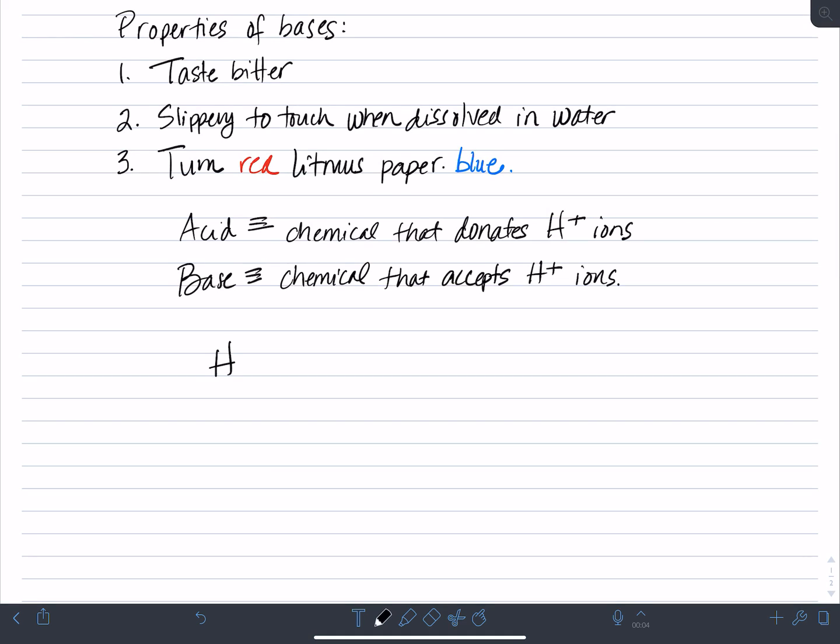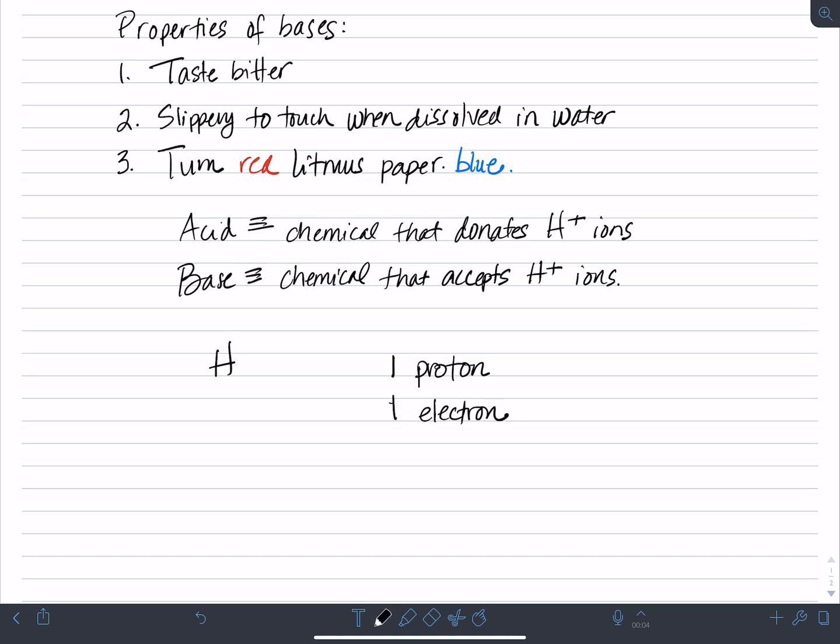Hydrogen is number 1 on the periodic table. Now, from what we've studied before, we know that given that its number is 1, that means it has 1 proton and 1 electron. Okay?